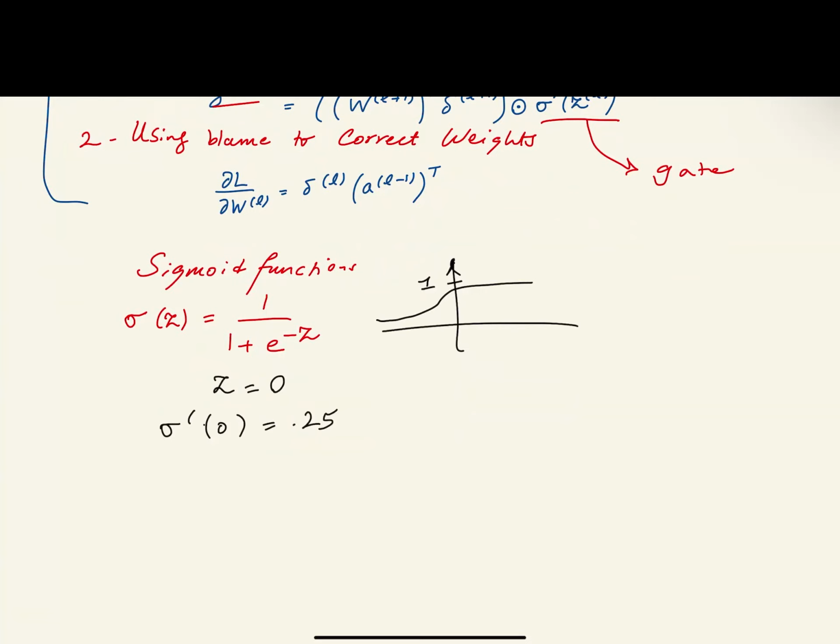So it's always less than that at other points. And when the input is farther from 0 in either direction, the sensitivity becomes 0. So what does this mean? This means the sigmoid gate is at best only partially open and is often nearly closed.